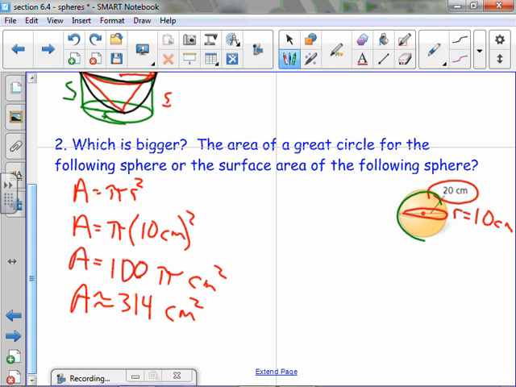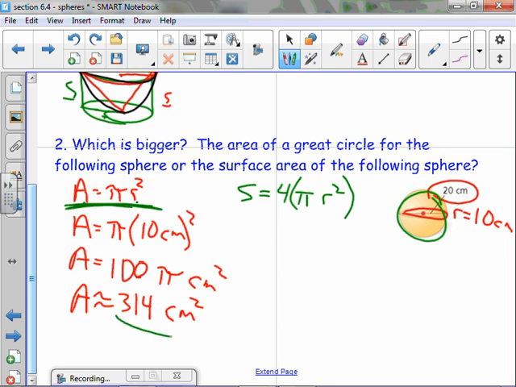Okay? And now we just have to find the surface area of this and see which one's bigger. If we find the surface area, that is S equals 4 pi r squared. Well, I'm already going to cheat because I look at this and I say, I don't need to do this whole thing. I just need to do pi r squared. Well, I've already done pi r squared over here. So area equals pi r squared.